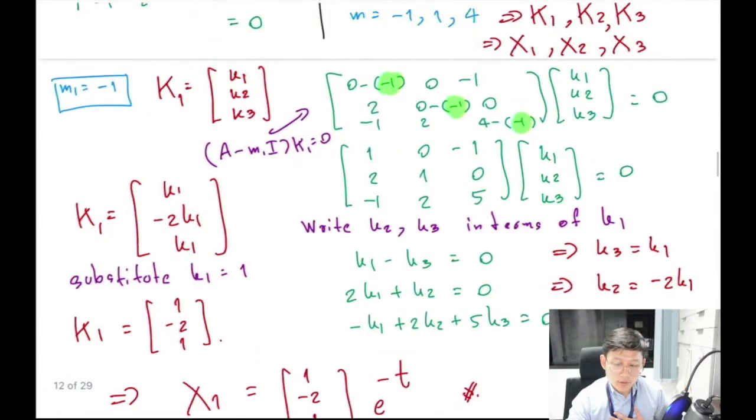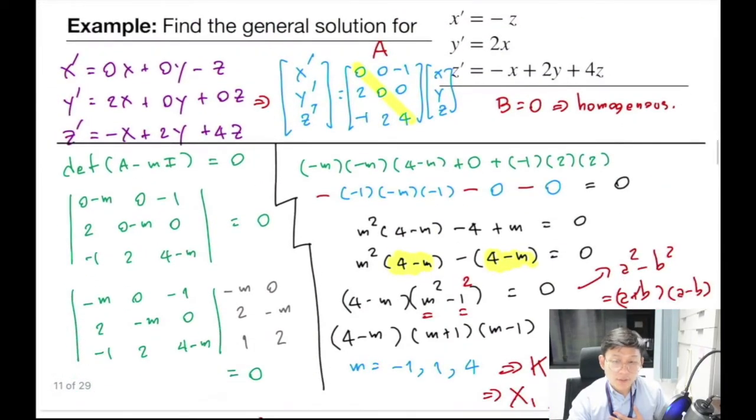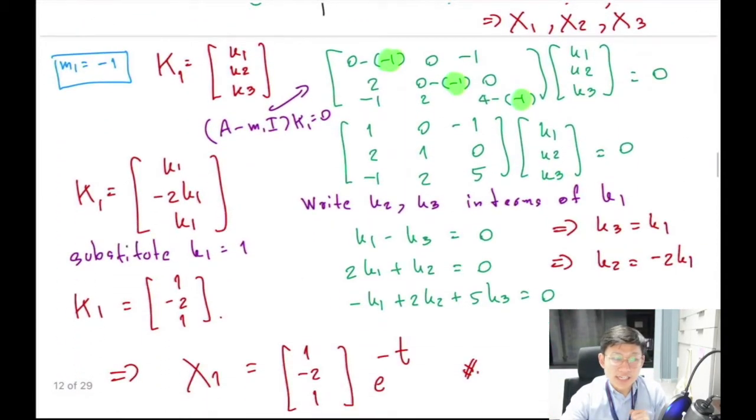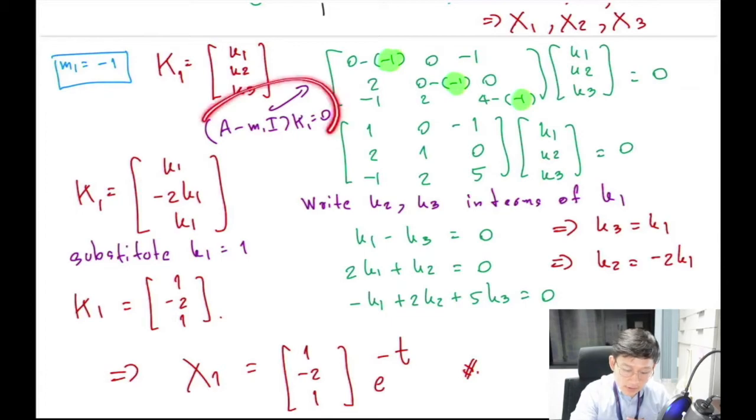First, for this question, you write it down in terms of matrix form. After that, you find eigenvalues m using the characteristic equation, right? Find the determinant of A minus mI, which is 2 minus m on the diagonal. After that, for each m, you find the corresponding k, which is the eigenvector, right? By solving this equation.